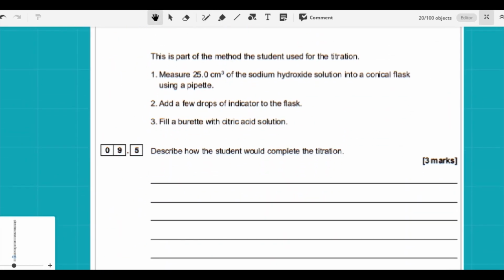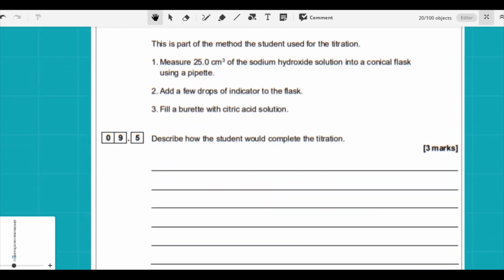Okay, so now the next one. This is part of the method the student used for the titration: measure 25 centimeter cube of sodium hydroxide solution into a conical flask using a pipette. Describe how the student would complete the titration.